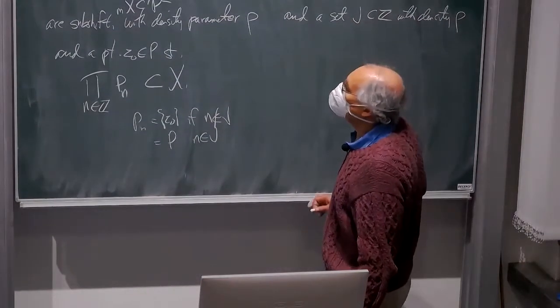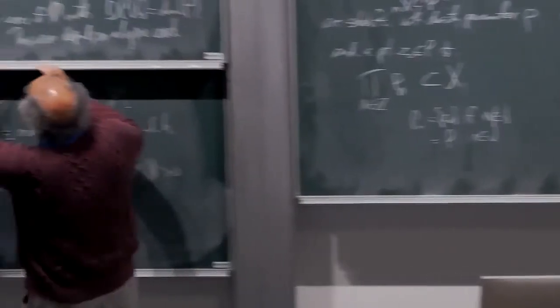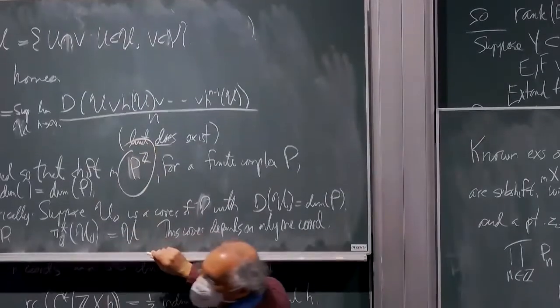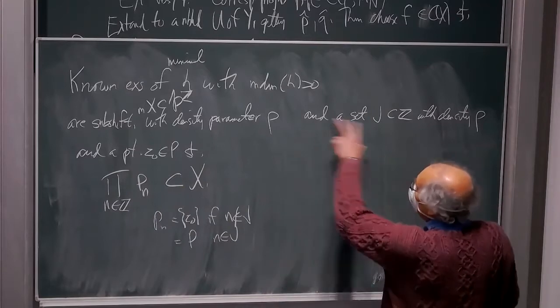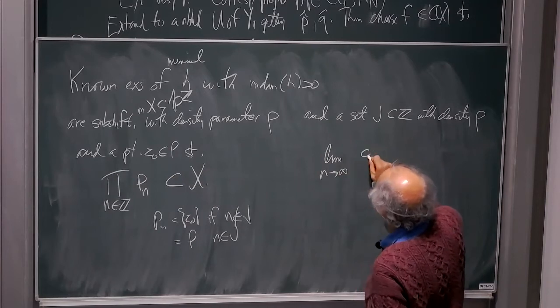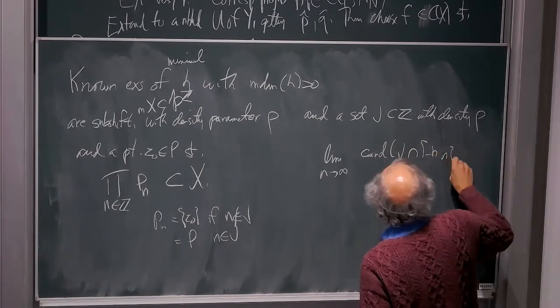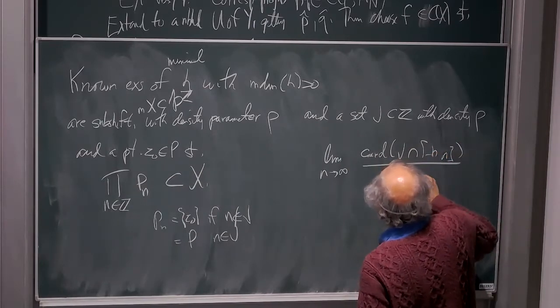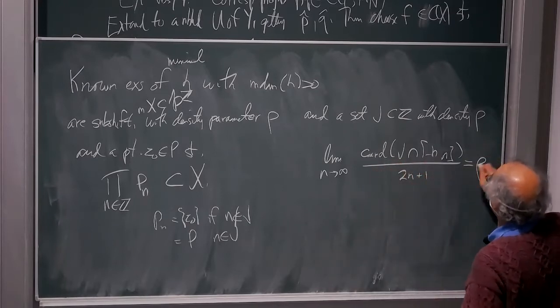What's P, sorry? P is this original space, right? I'm taking, where is my shift? Up here. What do you mean by density parameter? So basically it means that the limit as n goes to infinity of the cardinality of J intersect minus n to n, divided by 2n plus 1, which is the cardinality of this interval, is rho.